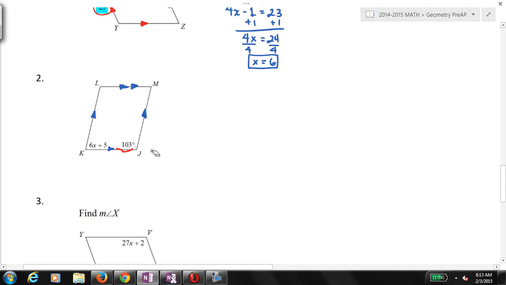Alright, well let me just draw this. Anytime you see parallel lines, let's just extend them. Same thing for these.